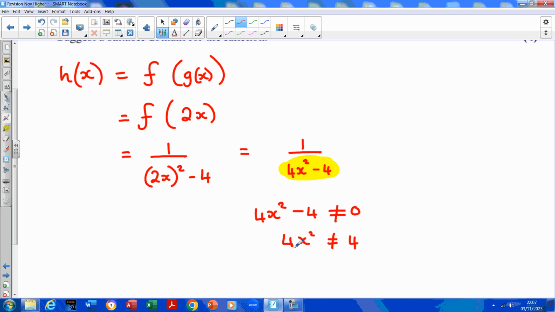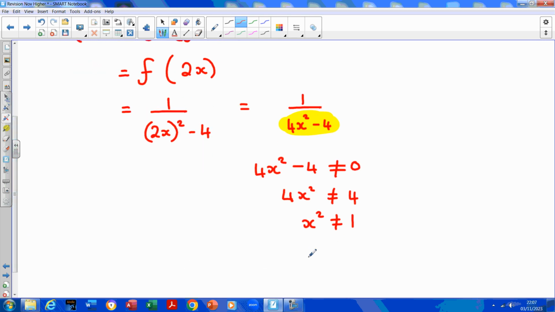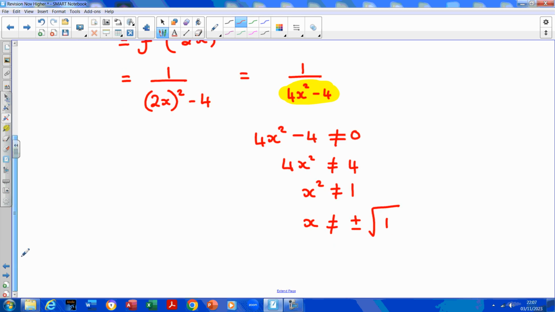I'll divide by 4, so x squared cannot be equal to 1. Now at this point you've got to be careful. So x cannot be equal to plus or minus the square root of 1. So x cannot be equal to 1, and x cannot be equal to -1.